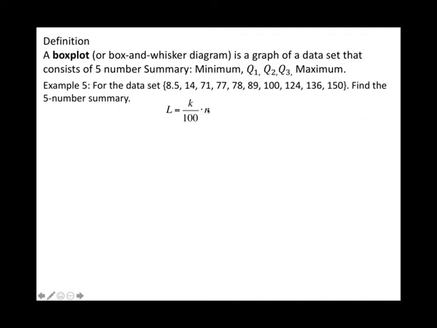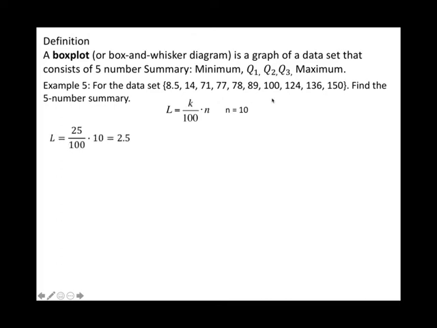So N means how many data do you have? You're going to count from here: 1, 2, 3, 4, 5, 6, 7, 8, 9, 10. So N equals 10. First, I want to find the Q1. Remember Q1 equals P25, so K equals 25 here.